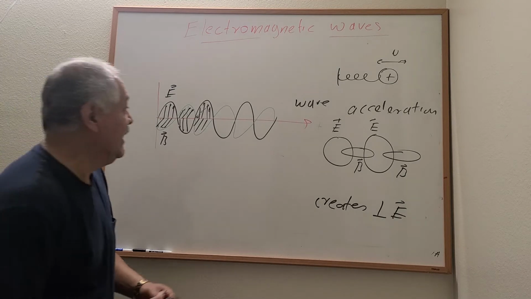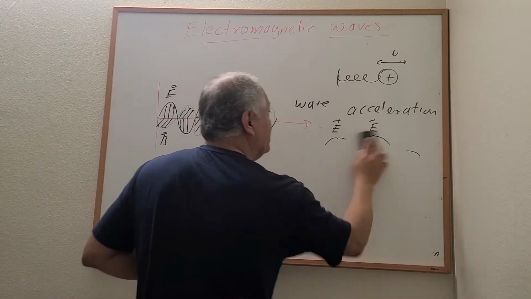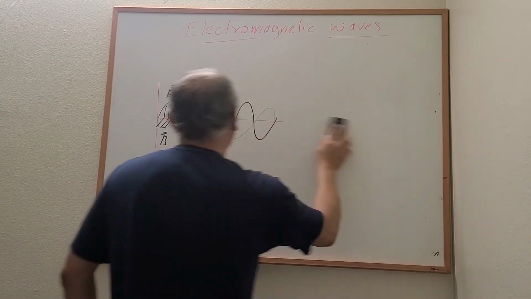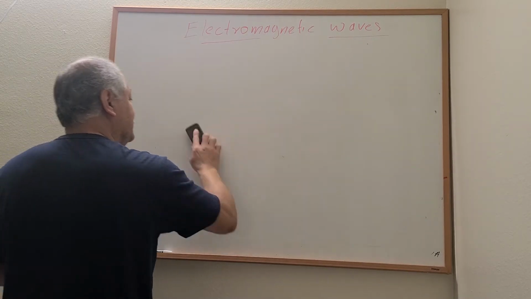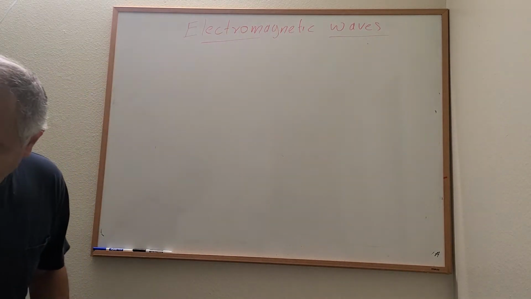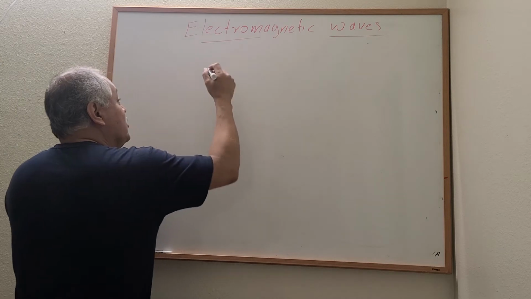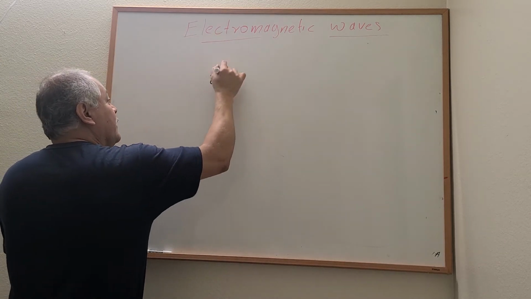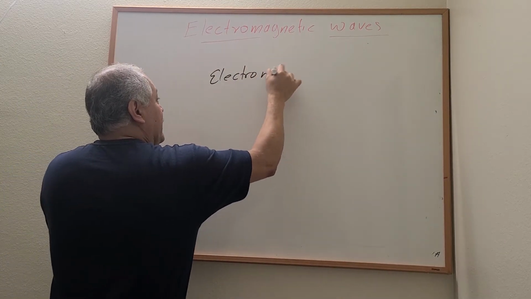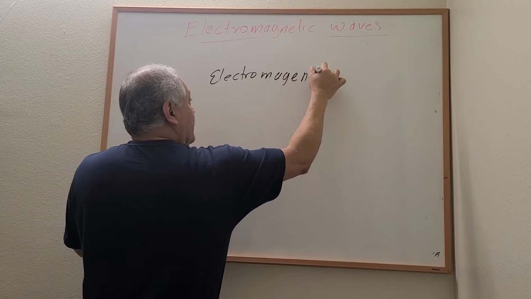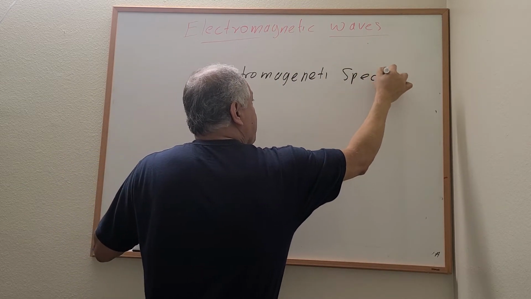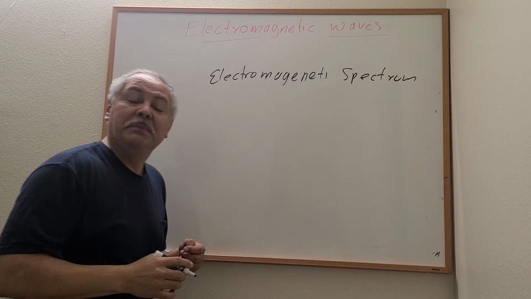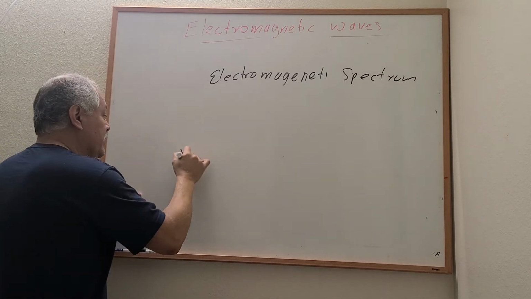Now, let's go to the electromagnetic spectrum. Let's just start with visible. We have visible right here.